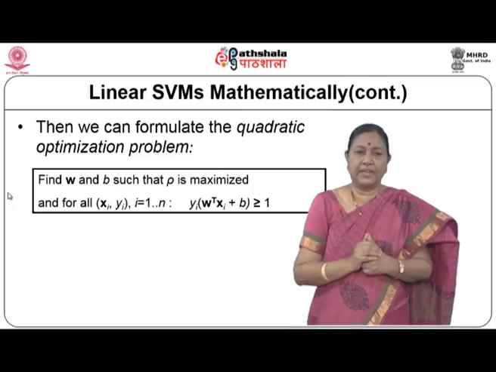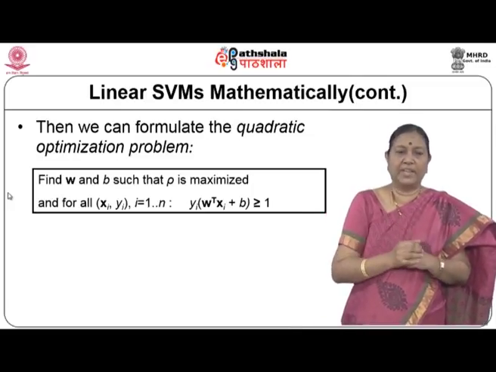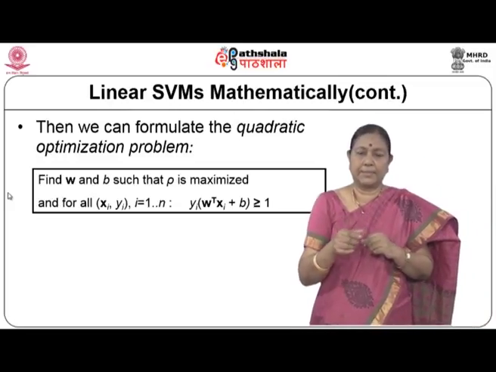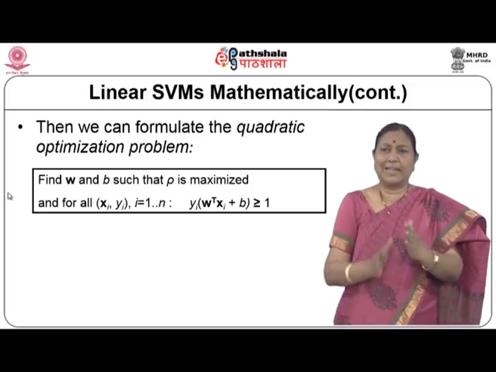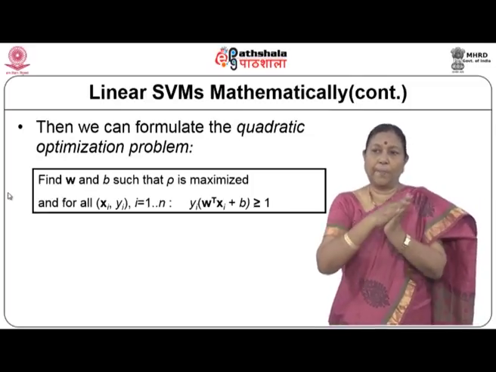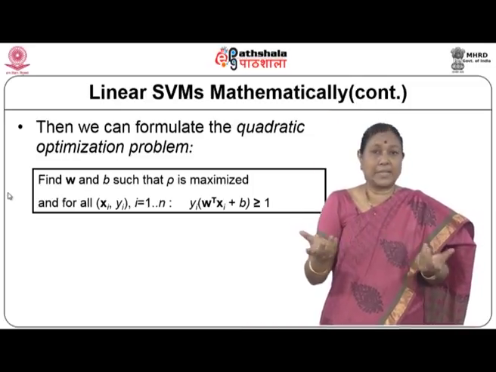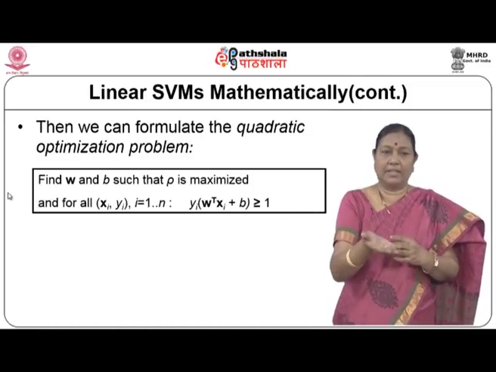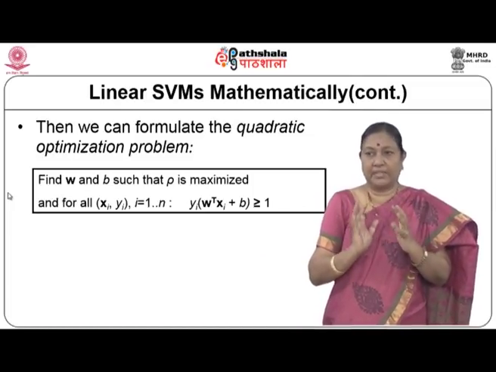So, what we want is for wt xi plus b to be greater than or equal to 1. So, we want to maximize the margin by choosing w and b. In other words, we want to find the slope and the intercept of y is equal to mx plus c. Finding m and c, or in our terminology w and b, is the main job of SVM.